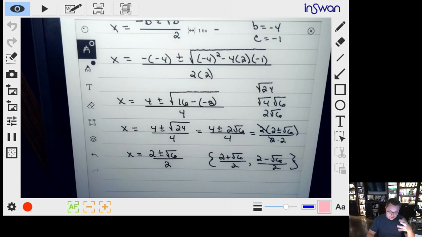But with sets, the order inside the set doesn't matter. A set is kind of like a bag that you're holding objects in. It doesn't matter the order, it just matters that they're in the bag. Unlike interval notation, the order in sets won't matter, so I can write them like this. That's perfectly fine. So these are our two solutions to this original equation.